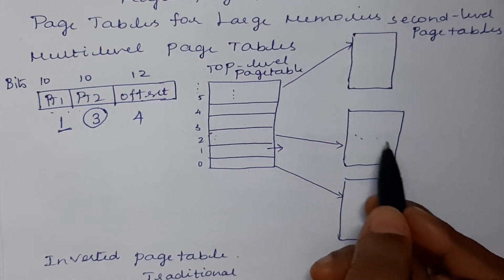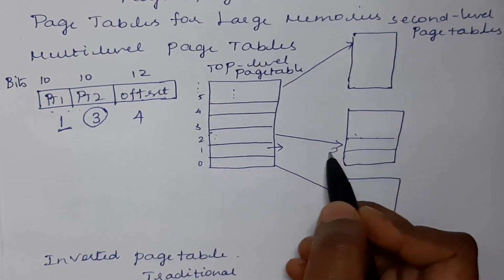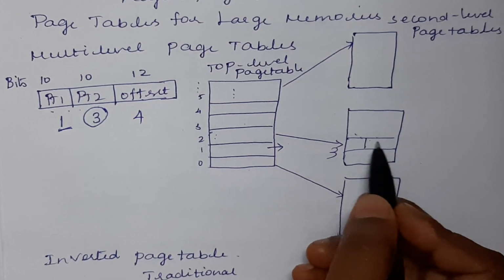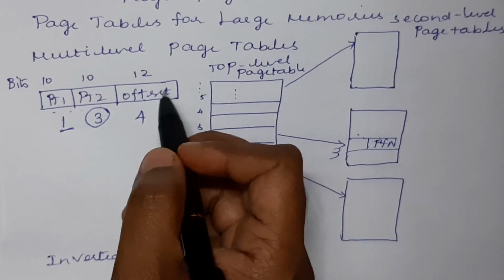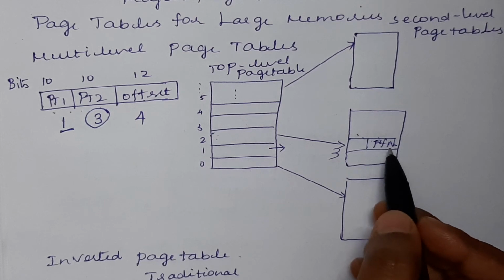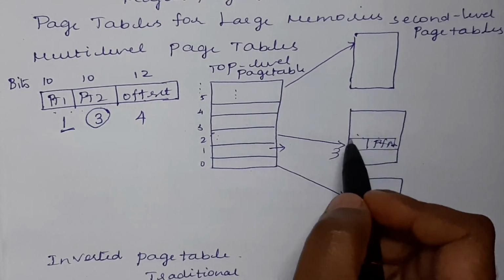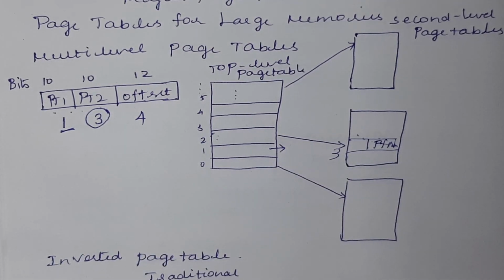In page table 2 we refer to that particular index value, say 3, and there we get the page frame number, and the provided offset value is copied onto the offset of this address. Then at that particular address, either the content or the instruction can be fetched easily. This is how we go with the multi-level page table structure. Thank you.